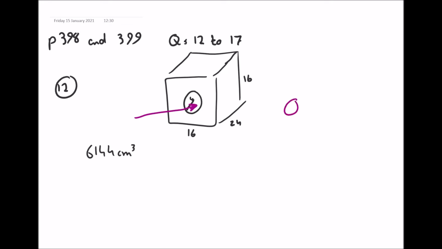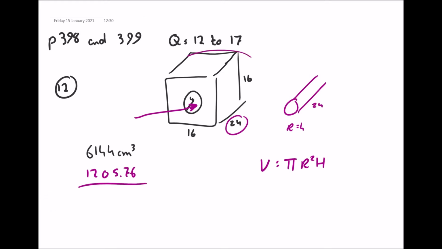So if I draw it here, it's a cylinder with radius 4. And it goes back this length, 24. Okay, so if we get the volume of that using volume equals pi r squared h, we should get 1205.76.